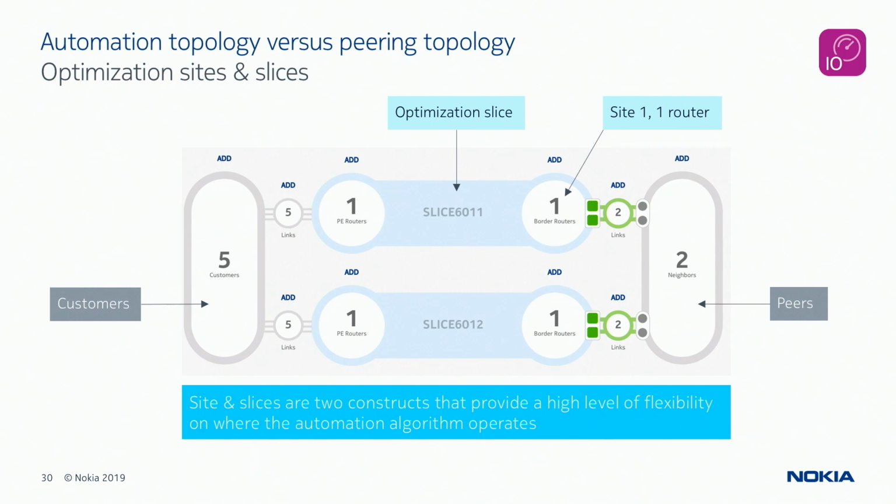So we developed what we call the optimization slice. The operator sets them once, and there is also auto-discovery of the routers. He's going to say, keep the optimization within this slice. If you don't find bandwidth within that router or that slice, then look elsewhere.